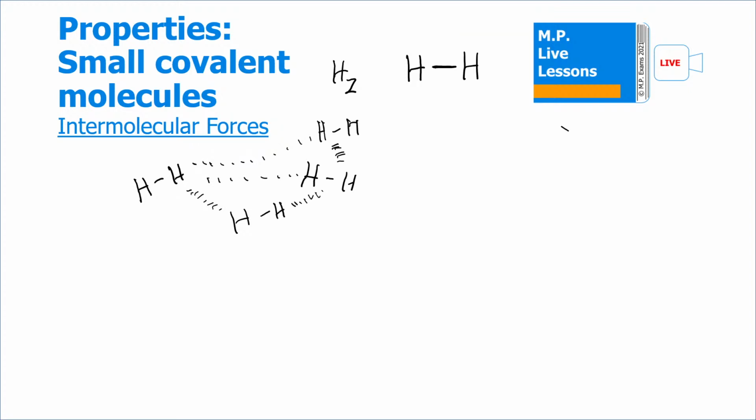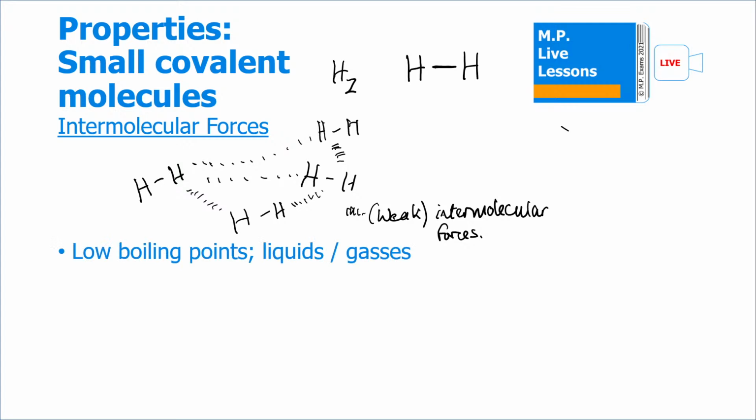these molecules can actually move around easily because they're so small, but they're only bound by these weak intermolecular forces. Therefore, they have low boiling points, and are liquids and gases at room temperature, and they don't conduct electricity. So first, we only need to overcome these weak intermolecular forces for all these small molecules to move around quickly.